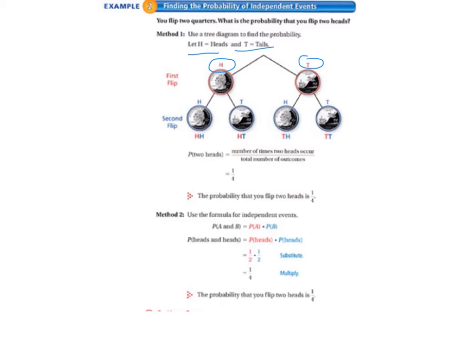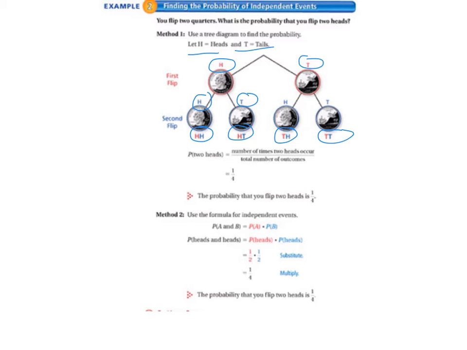regardless of whether we flipped heads or tails, we can flip a heads or a tails on the second flip. So that would give us a combination of heads heads or heads tails. And that would be for the first flip, or we could have a combination of tails heads or tails tails.